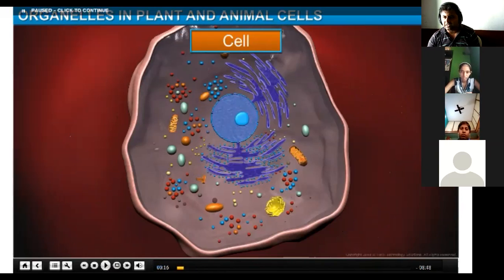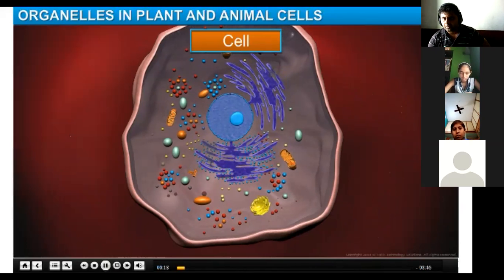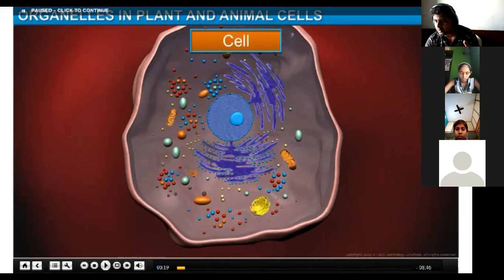A cell has different organelles, and each of them has its own function. The organelle definition I made you write is a specialized subunit of a cell which helps to perform a specific function. So in the cell there are many organelles, each with a specific function.